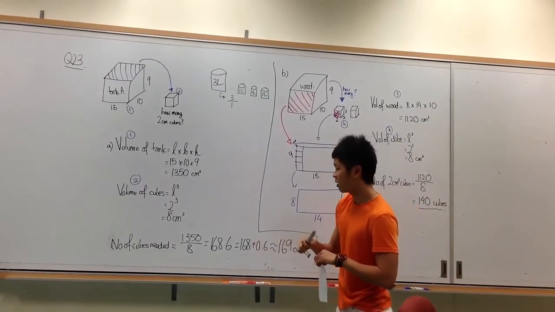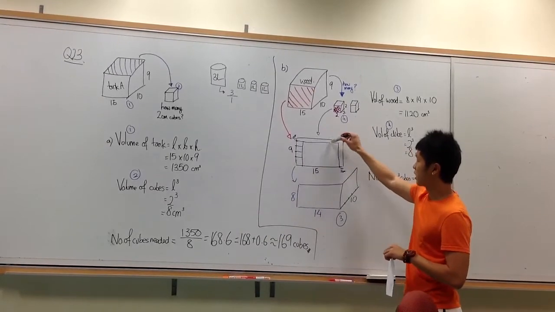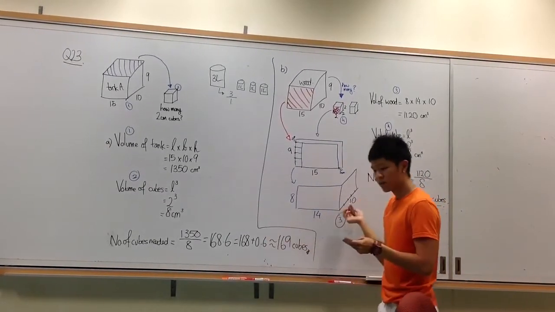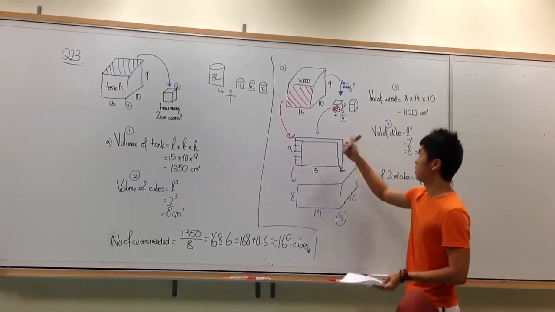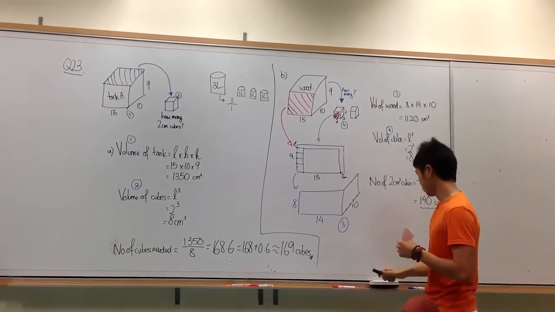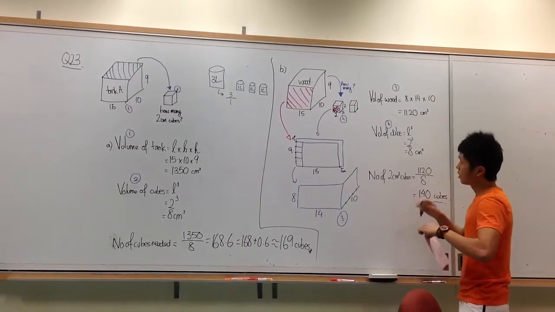That will be correct if you can glue all these remaining 1 cm wood pieces. But the question never said that you can glue, right? They only tell you that you are supposed to cut from this big block of wood.